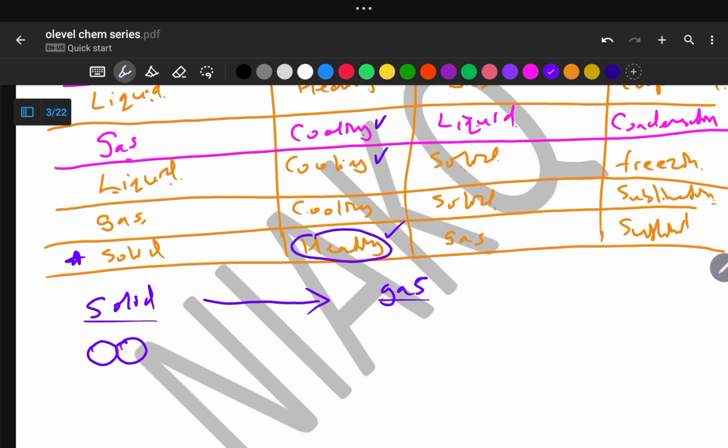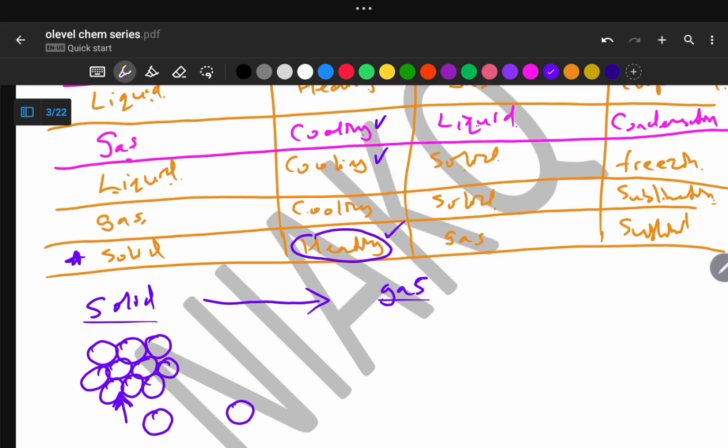So we said the particles within the solid phase, they're closely packed together. So these are the particles in the solid phase. So we want to break the forces between these particles, right? We want to break this bond so that we have the particles which are further apart from each other. So we are going to have heat being absorbed, right?